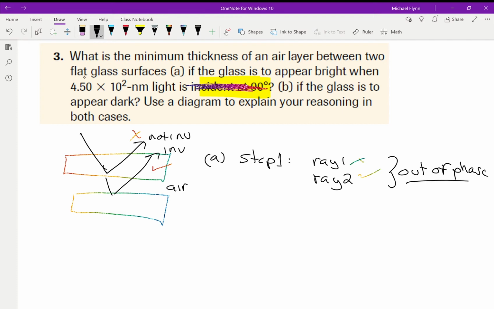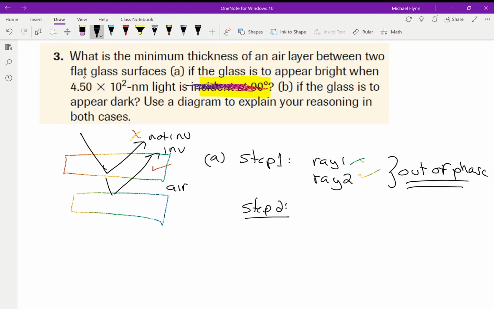Now that they're out of phase, if the path difference is 0, they're going to get destructive interference. If the path difference is a whole wavelength, again destructive. 2 whole wavelengths, destructive, and so on. We don't have to change the wavelength, so we can skip all the way to step 3. Or, you know what? I'll write step 2 just to make you happy.